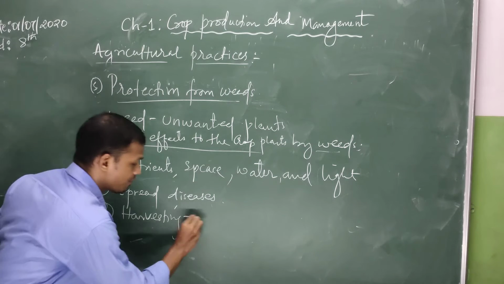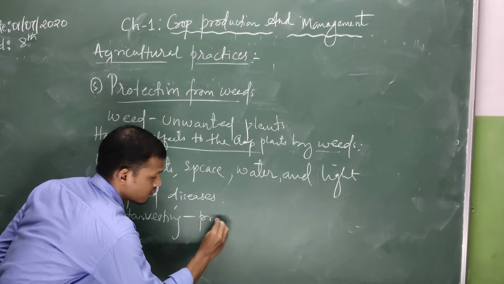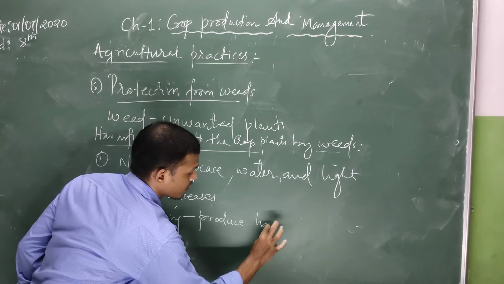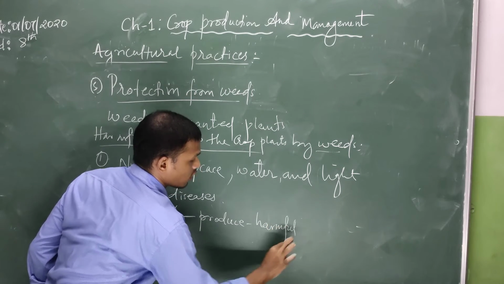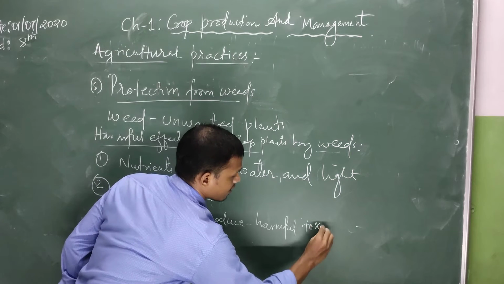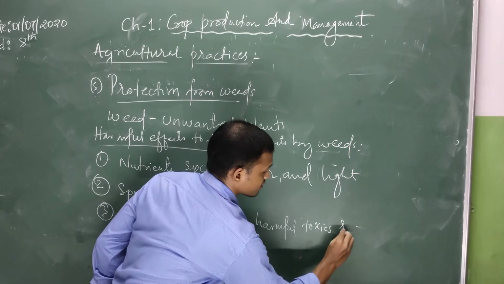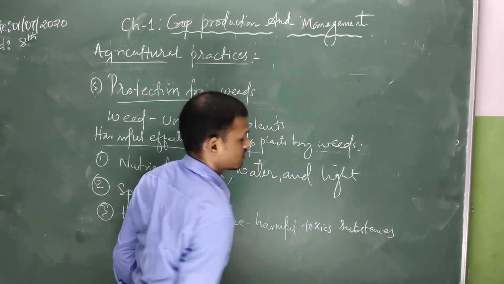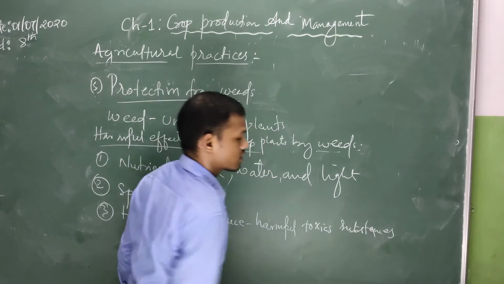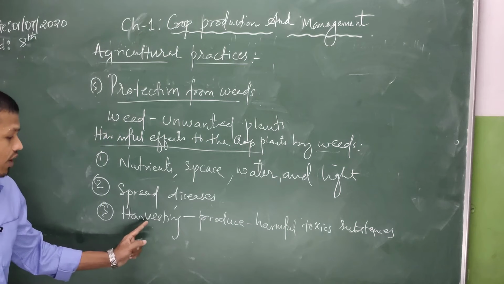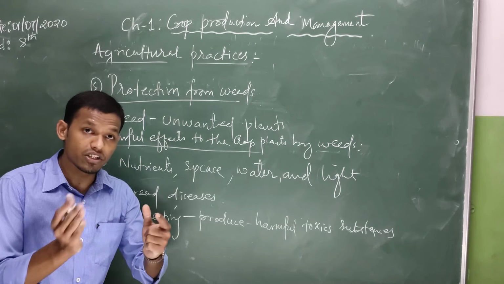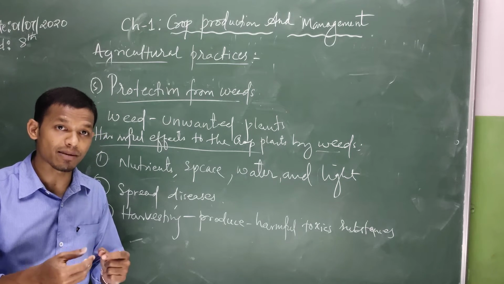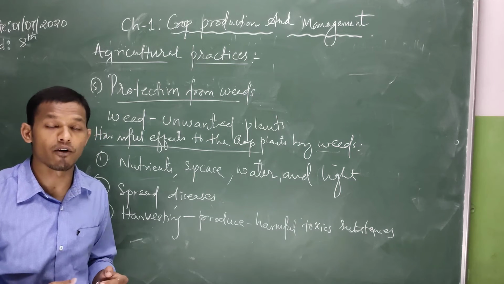Why? Because they release harmful, toxic substances. While harvesting, the weeds mix with the crop plant, and these plants may release some toxic substance which is harmful for our health.